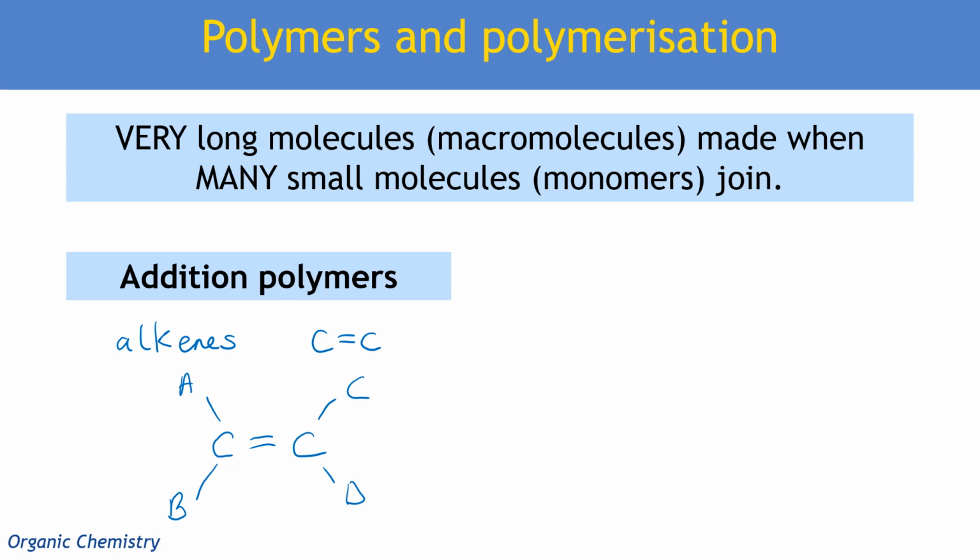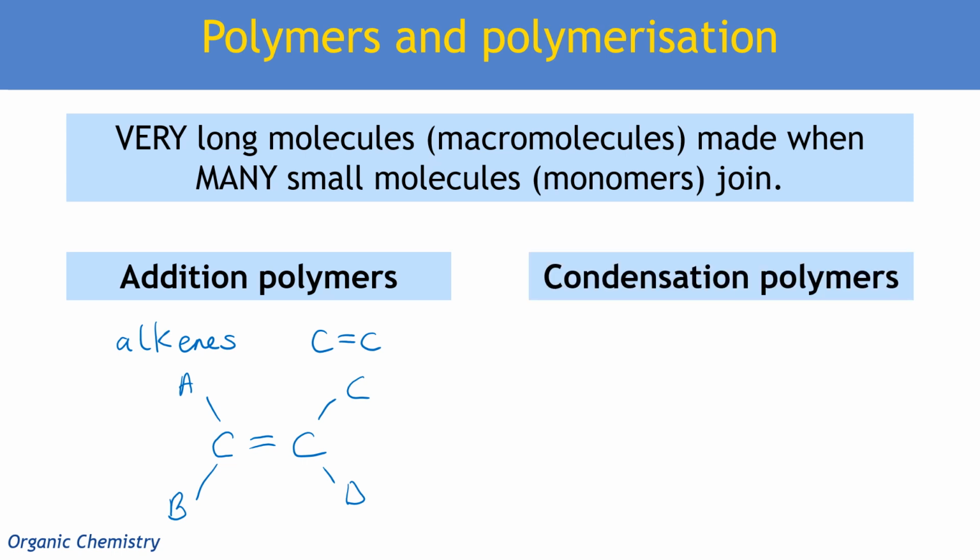You can get an alkene with a carboxylic acid or with an alcohol on it, and that is going to affect the overall properties of the polymer. The side chain groups are going to affect the intermolecular forces, but generally the backbone of an addition polymer is just going to be carbon-carbon single bonds.